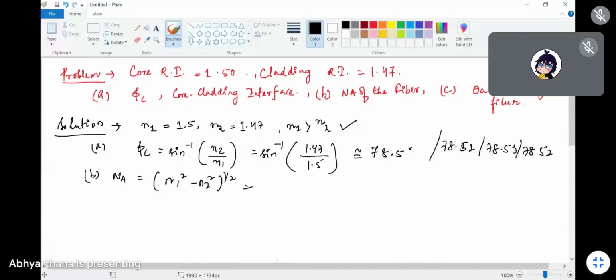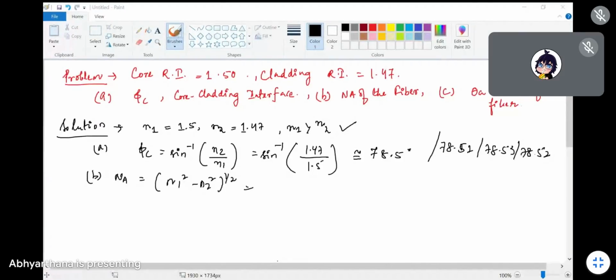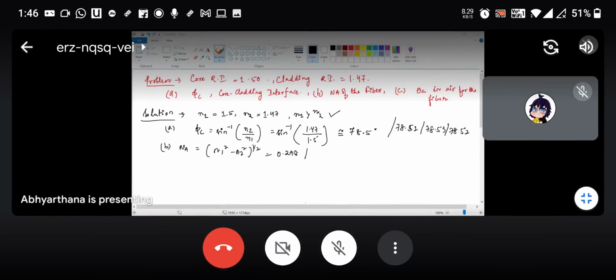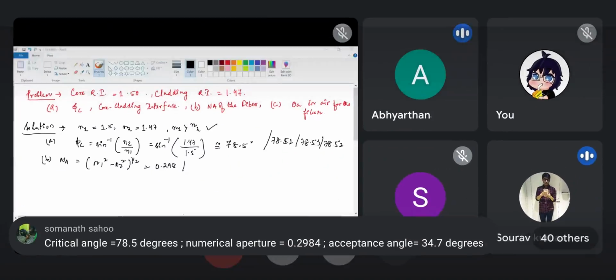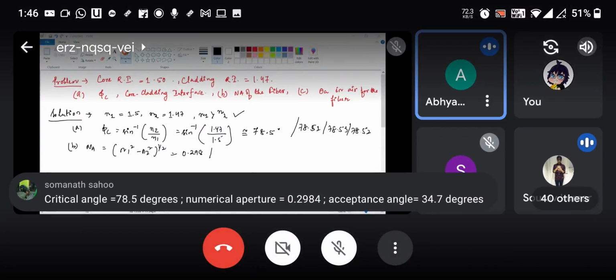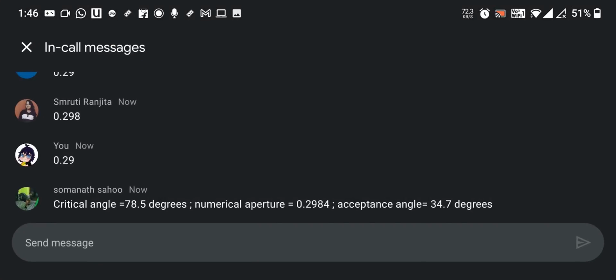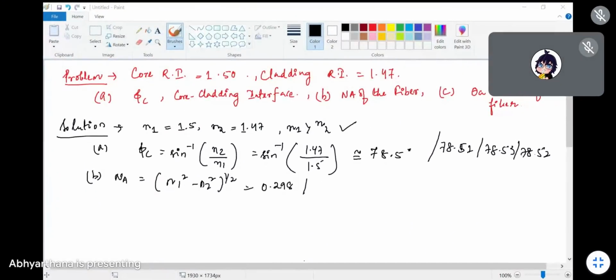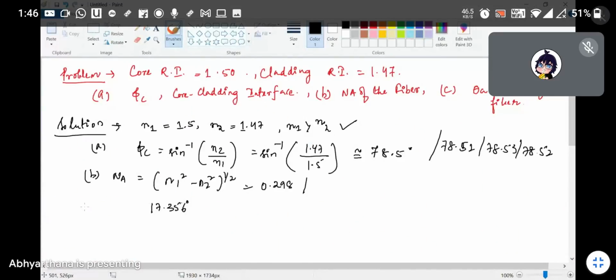So how much did you get? 0.29, 0.3, 0.298. Okay, angle. So acceptance angle is all of it. Got it. So the acceptance angle is 17.356. Okay, let me check, 13.356 is the acceptance angle obtained.